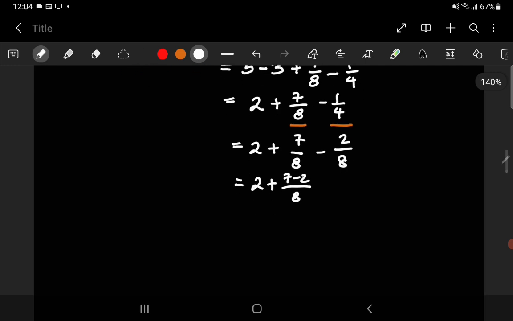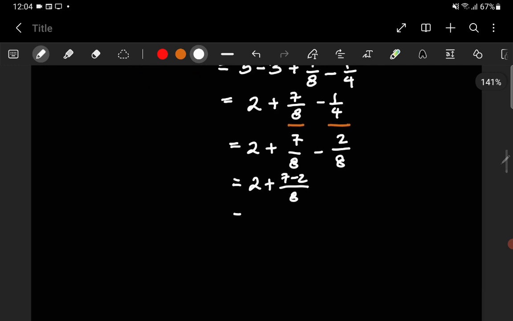So it becomes what, guys? It becomes 2 plus 5 over 8. Then I can make this a mixed fraction. So it becomes 2 5 over 8. There you are, the addition and subtraction involving fractions.